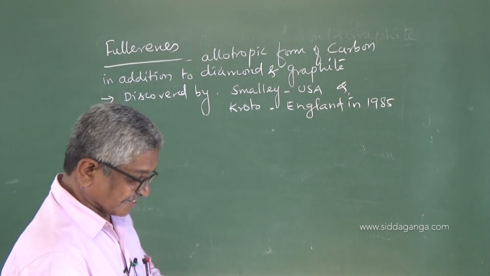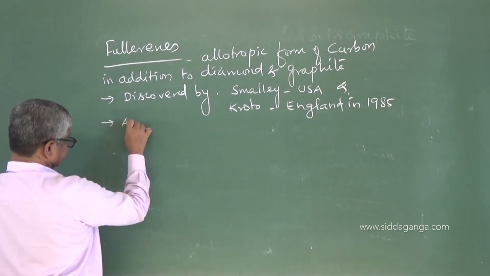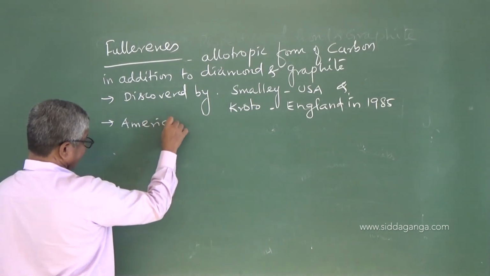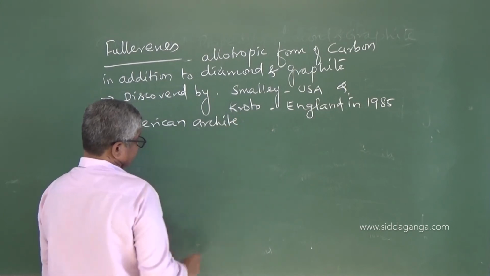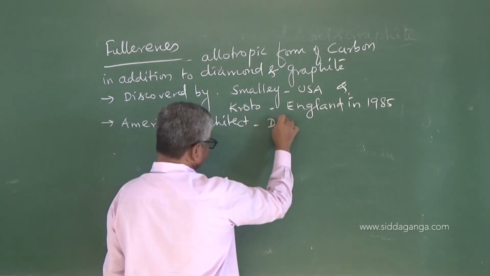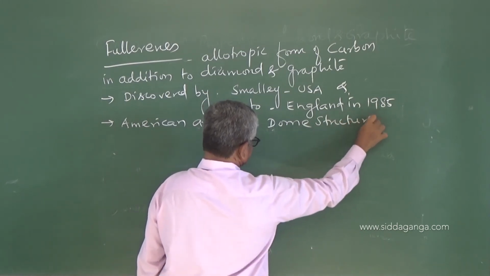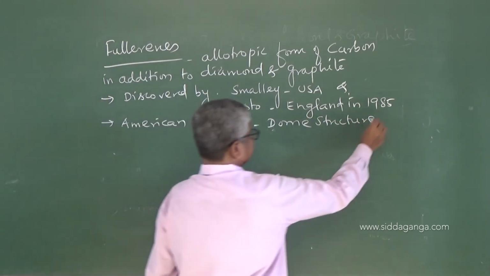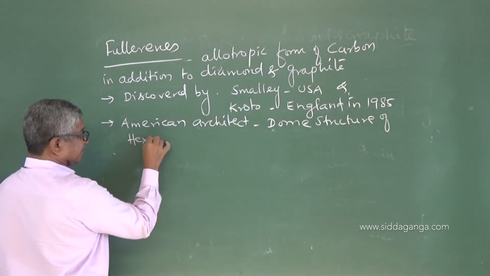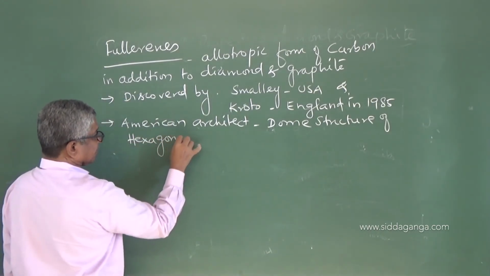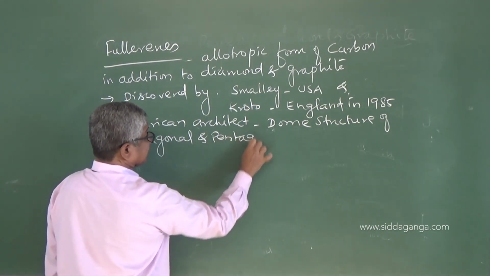There was an American architect who made dome structures of hexagons and pentagons.